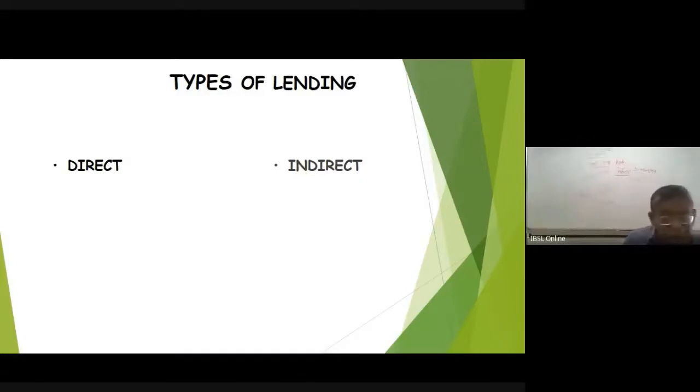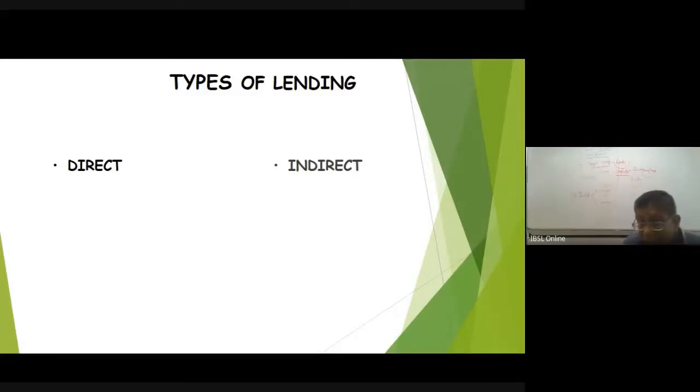As a result of the cash going out, it will impact your balance sheet. Therefore, sometimes we call direct lending on-balance-sheet activities, on-balance-sheet loans.